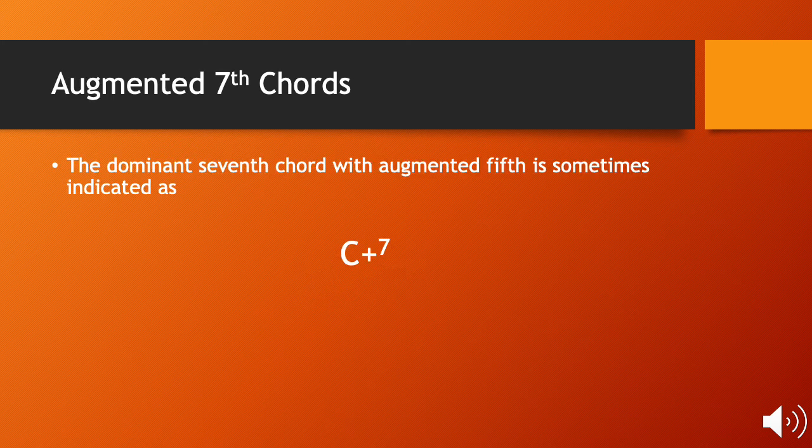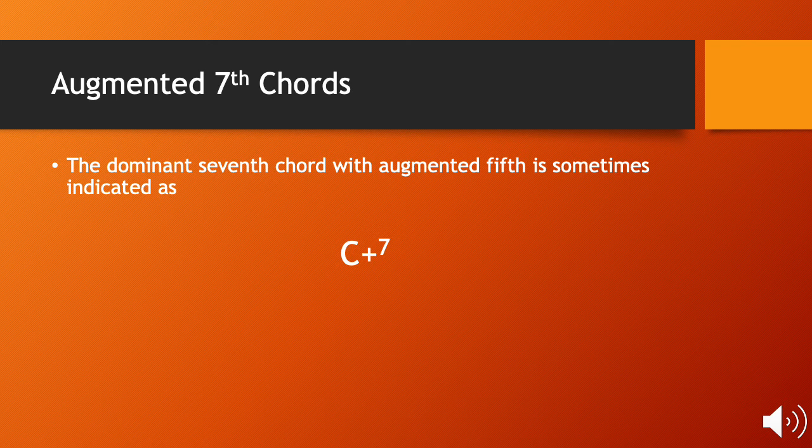The dominant seventh chord with an augmented fifth is sometimes indicated as, for example, C plus 7 or C augmented 7.